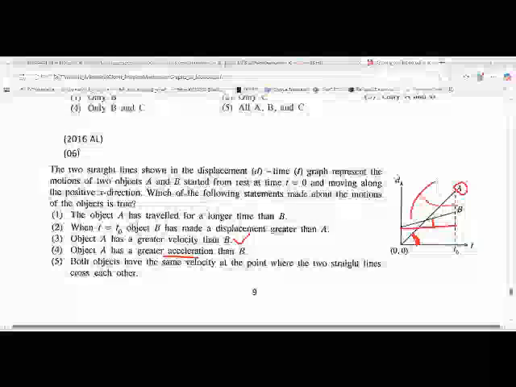For acceleration, the graph should be curved like this. Deceleration like this. The inclination should increase or decrease. When the inclination increases, it is acceleration. When the gradient decreases, the motion should be deceleration.